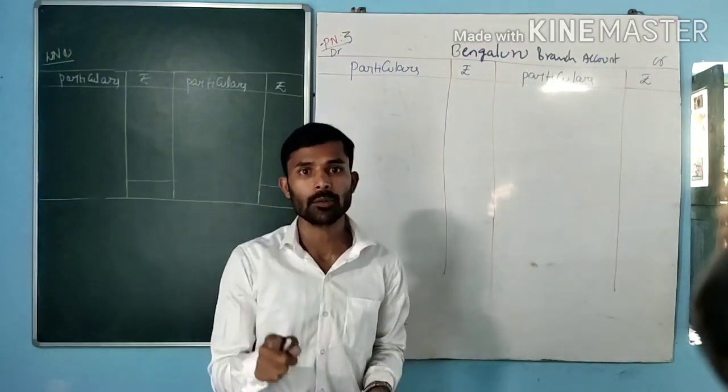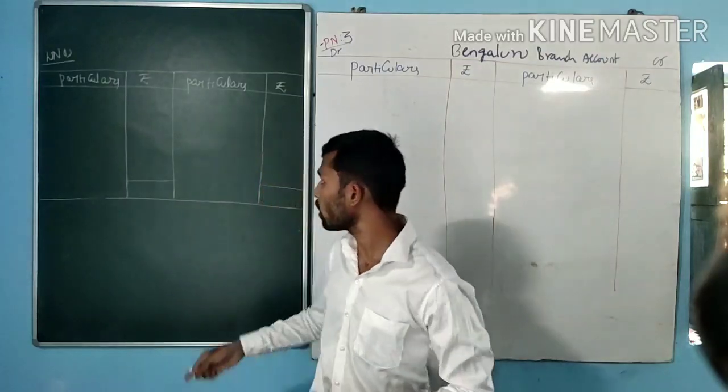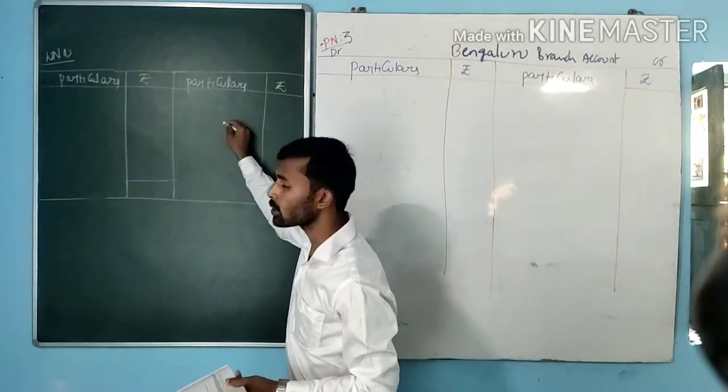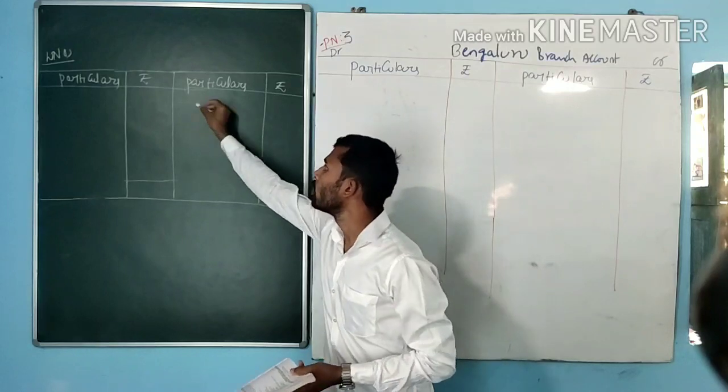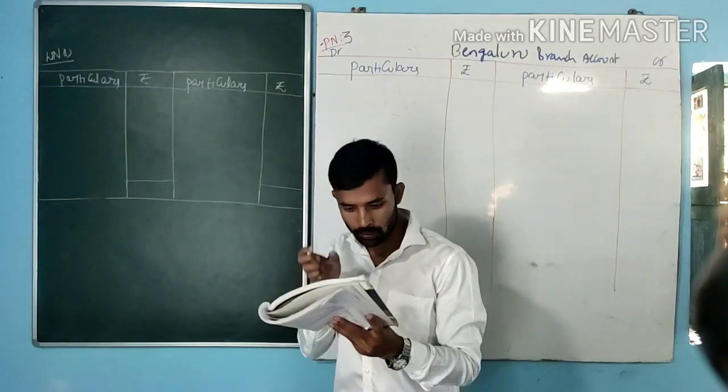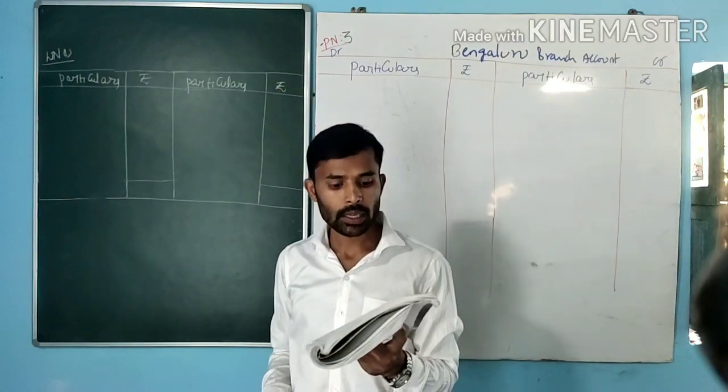Same way, this treatment again we are going to take in another ledger account, that is debtors account by cash account. Next one is credit sales.